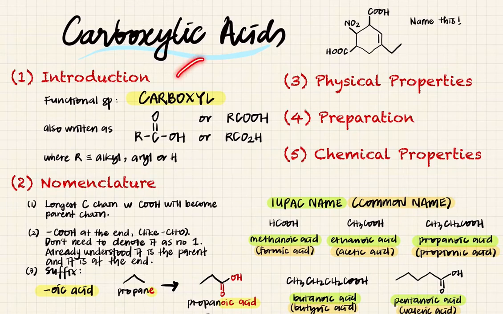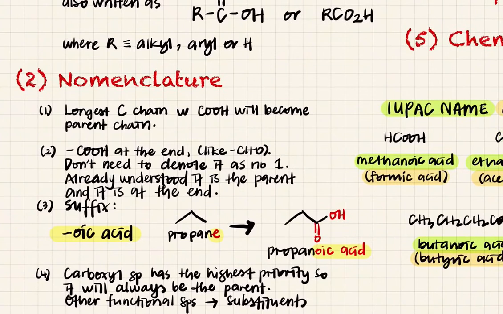So there are 5 parts for carboxylic acid. We'll start first with the nomenclature, which is naming and drawing. As usual, something about carboxylic acid is that you have to note that it has the highest priority. Therefore, the longest carbon chain with carboxylic acid will always be the parent chain because it has the highest priority over other functional groups.